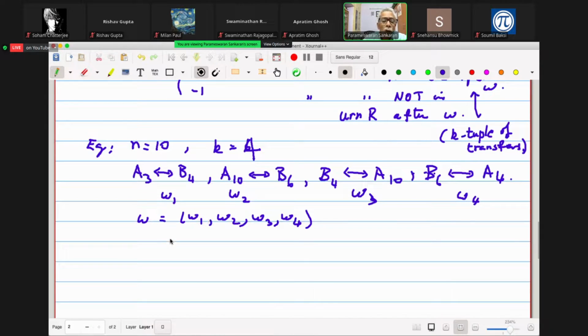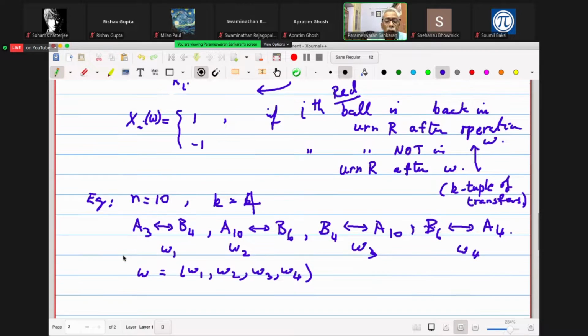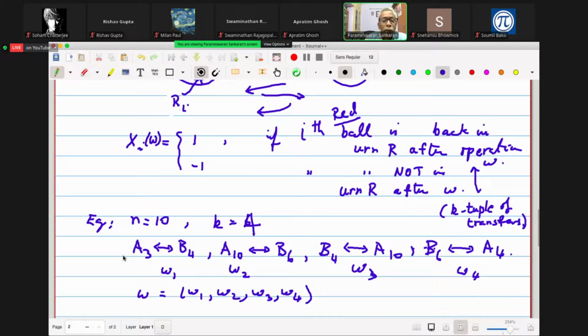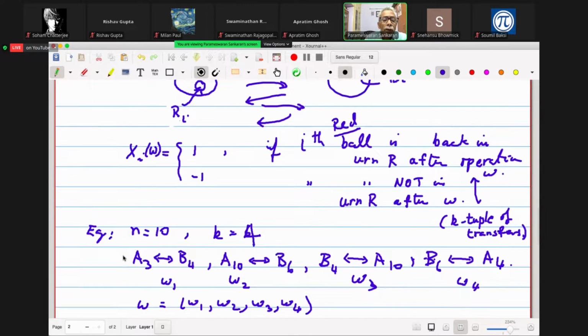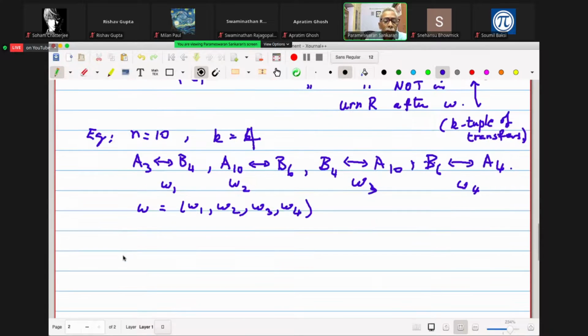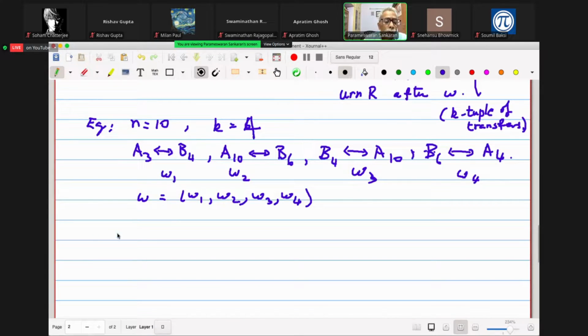Now what you need to do is, you are interested that all the balls must be back in red, right? So after you perform a certain operation omega, let us denote the number of red balls after operation omega by R of omega.